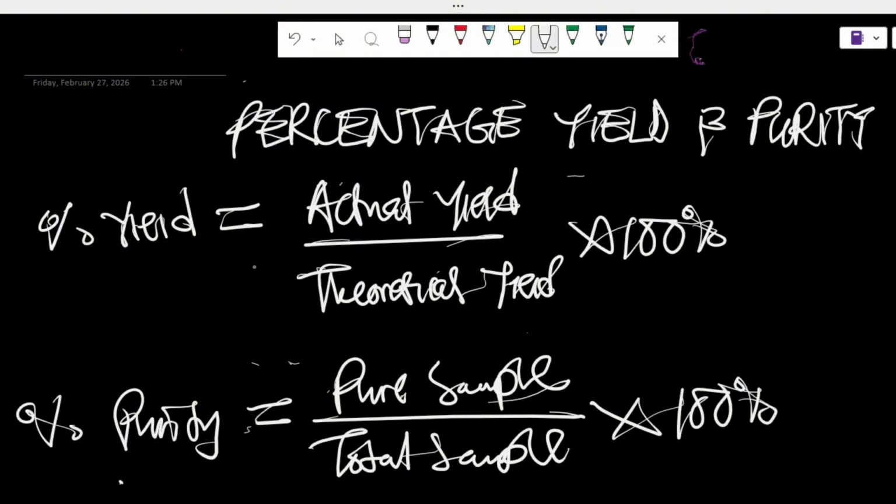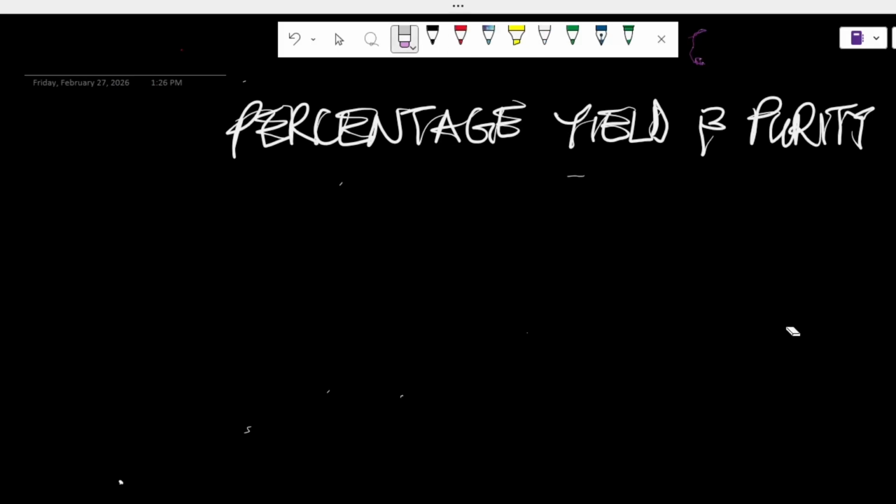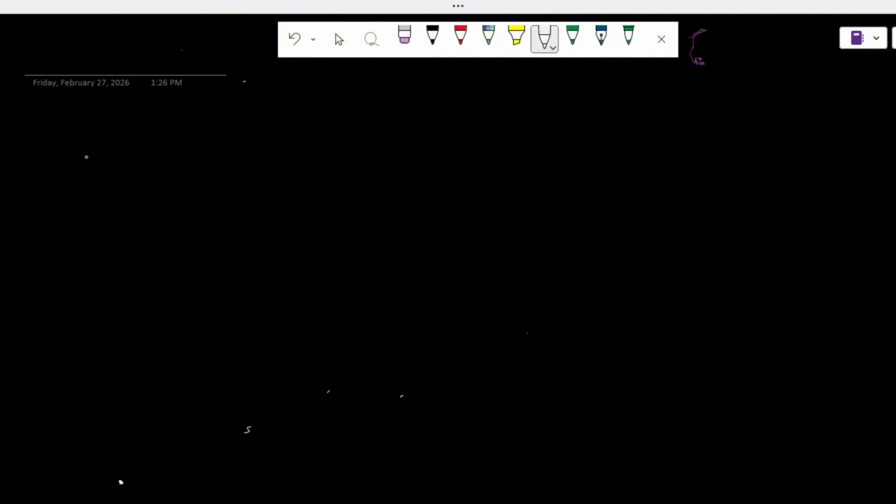So let's go ahead and deal with some problems on the percentage yield. So let's say that we have ethanol, and this is the reaction that we are going to have.